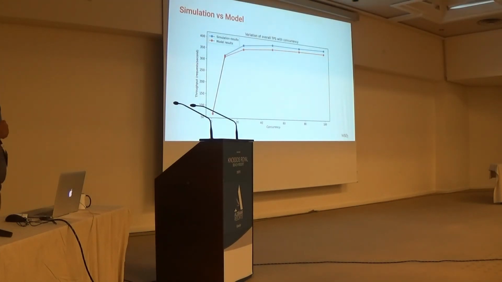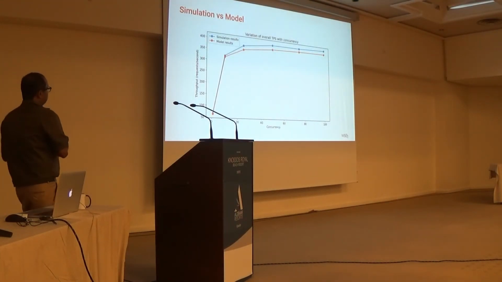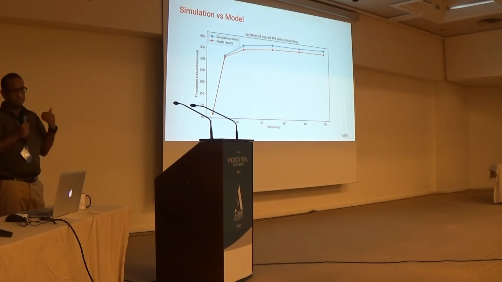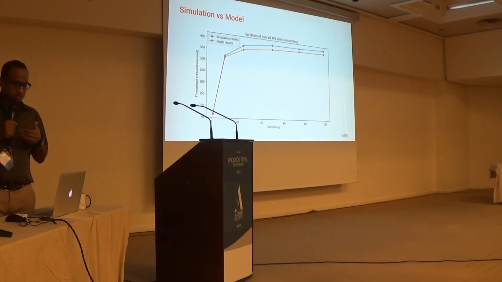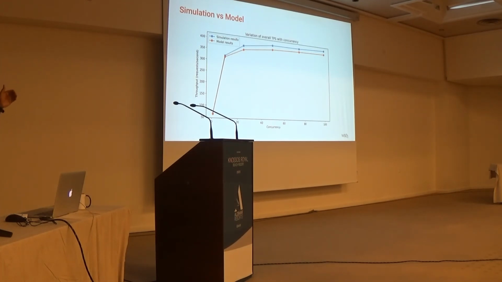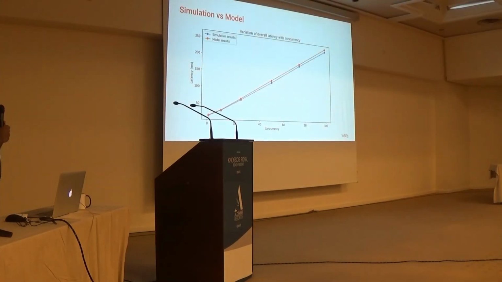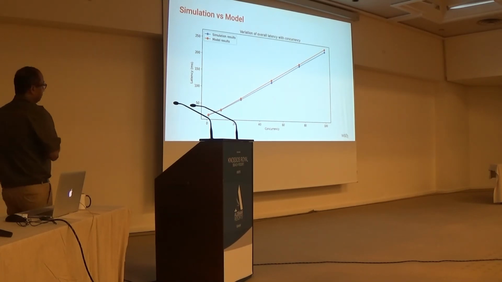This is the comparison of the simulation results and the results returned by the model. This is the throughput versus concurrency curve, and similarly you have the latency versus concurrency curve.